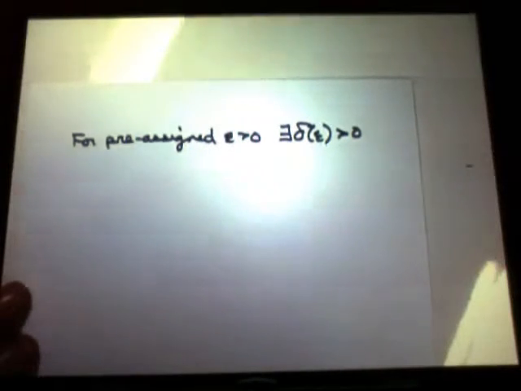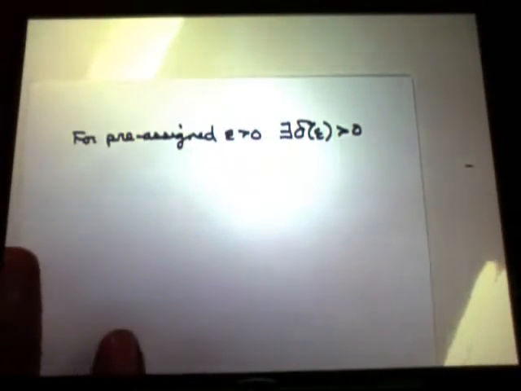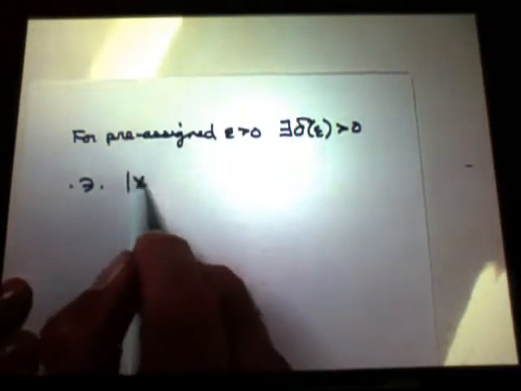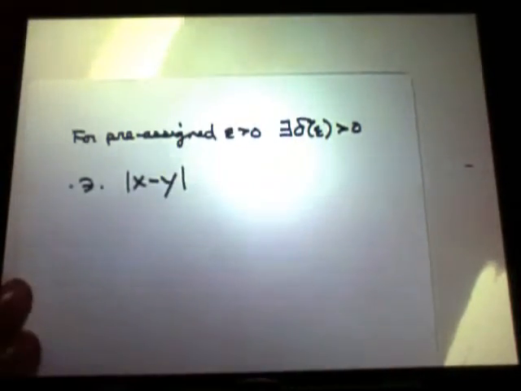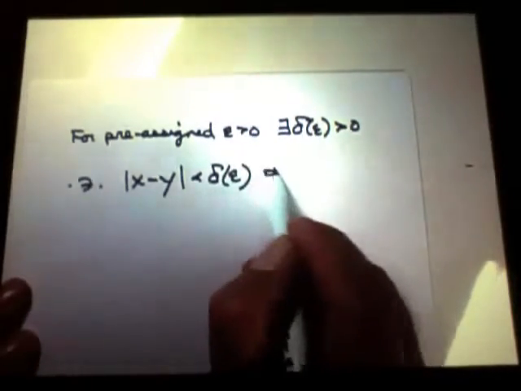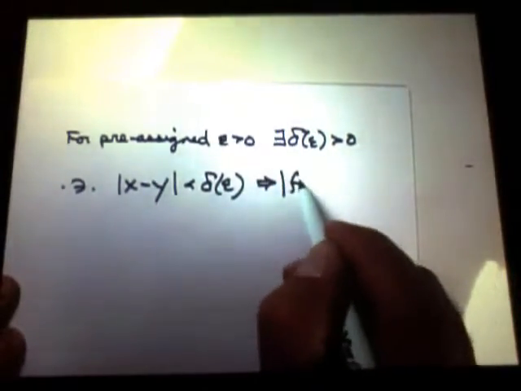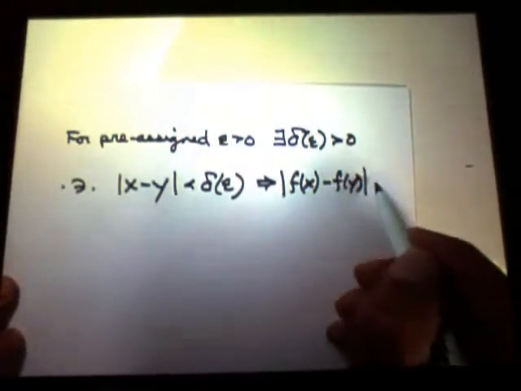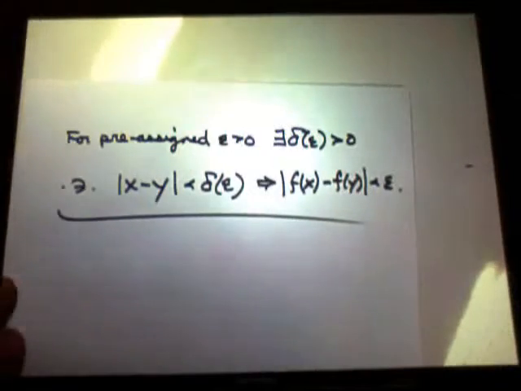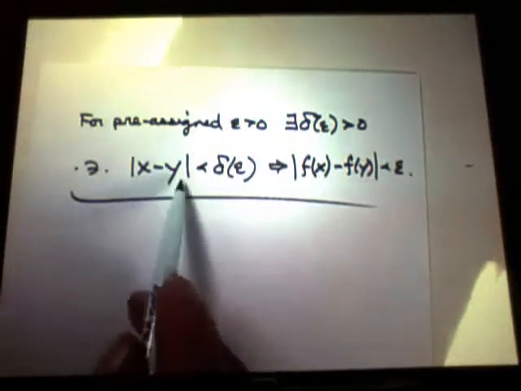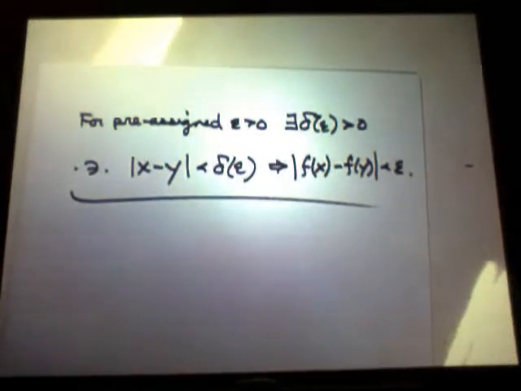Delta is only dependent on epsilon, such that if the absolute separation of 2 points x and y is less than delta, that implies that the absolute variation of the function at those 2 points is less than epsilon. Whenever that happens, you say that the function f is uniformly continuous on the domain that contains the x's and y's here.